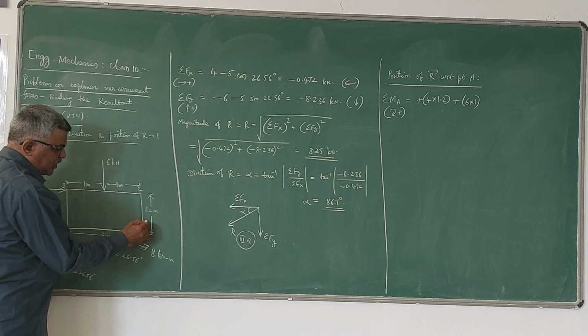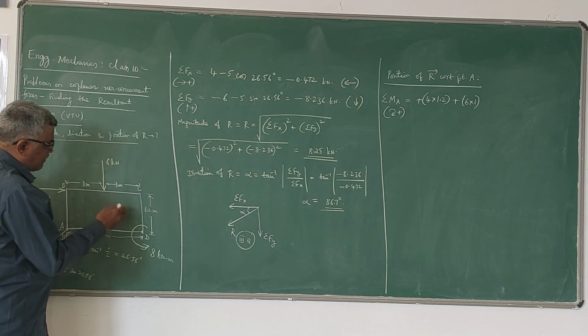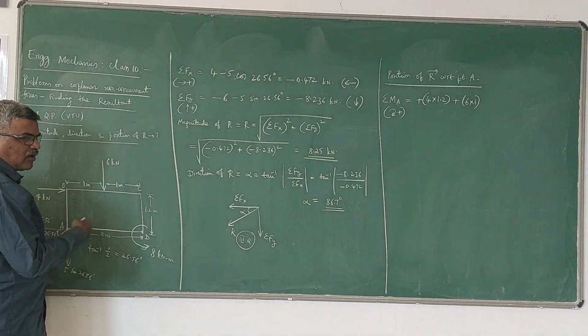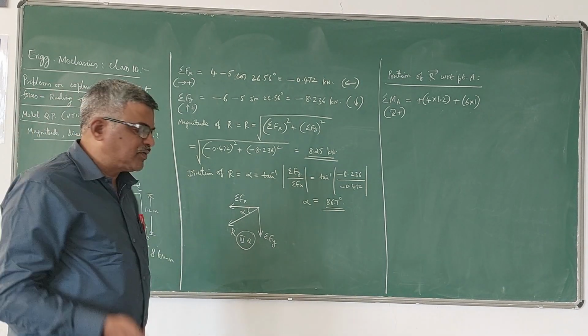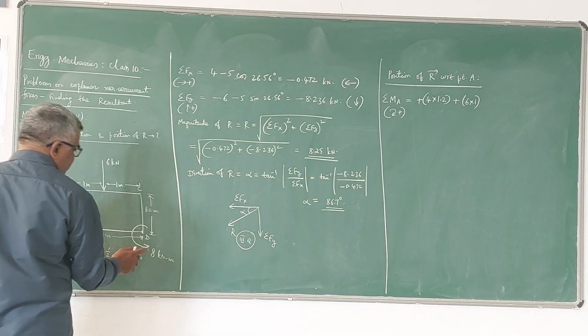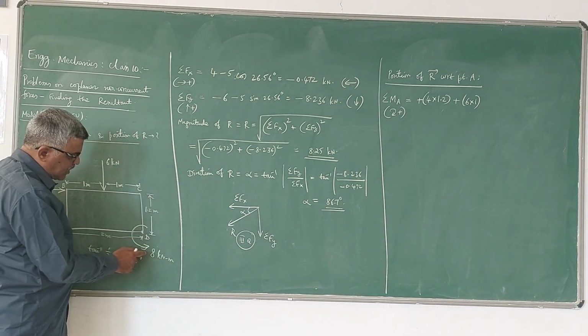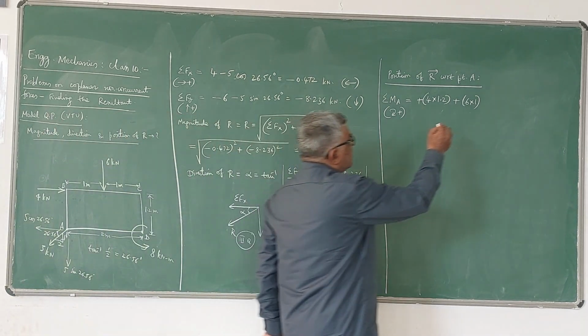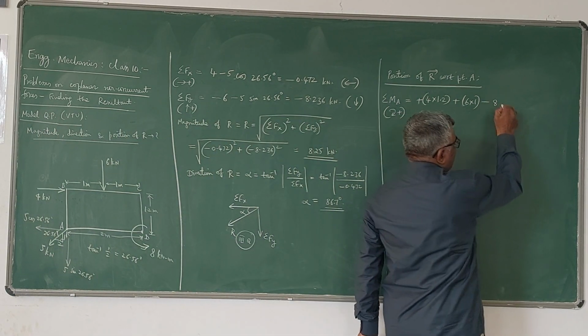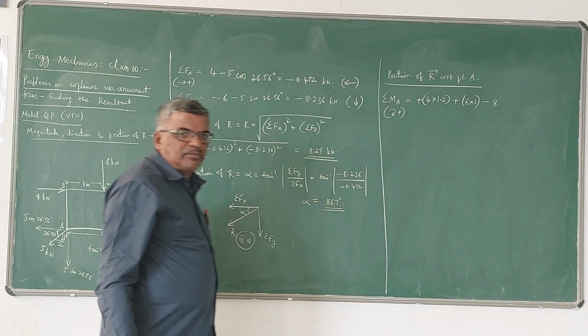So the rotation effect of this moment is the same wherever it acts. Therefore, we are not multiplying it by any distance. That means we just have to take the magnitude of this couple or moment, whatever is given. Since it is anti-clockwise, I will just write it as minus 8. Suppose if it is clockwise, you have to take this as plus 8.